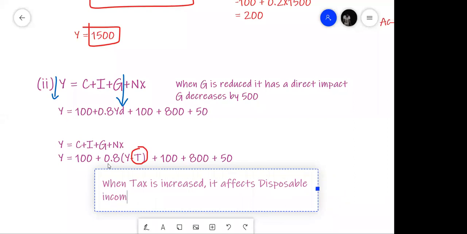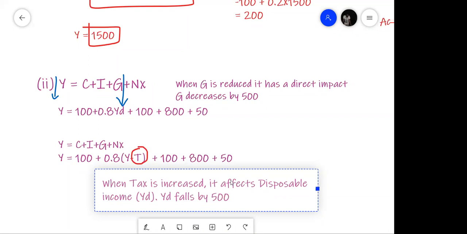Your YD changes. So if you increase tax by 500, the amount that you're actually getting in your hand decreases by 500. So your disposable income falls by 500.